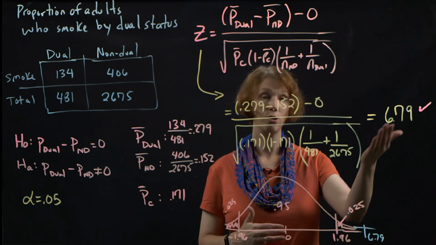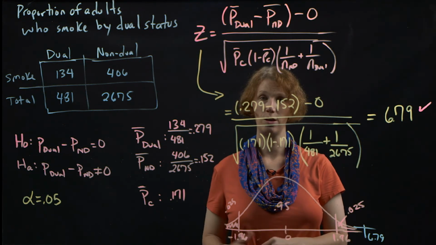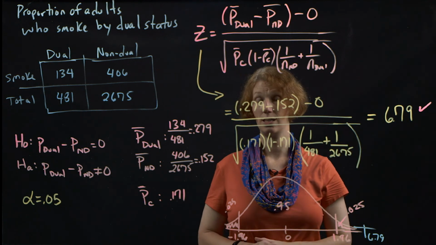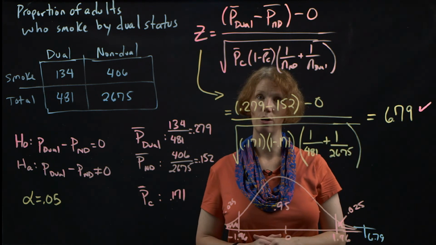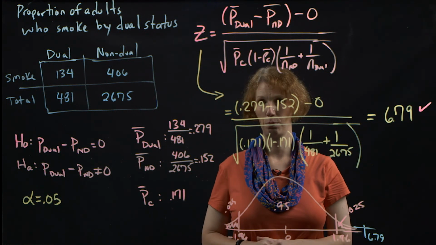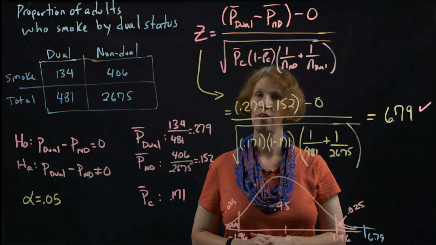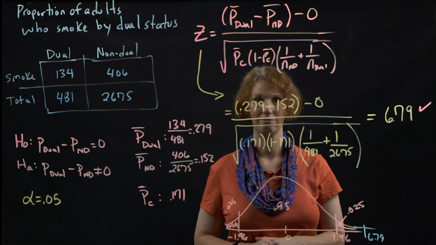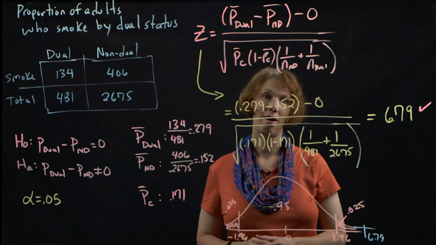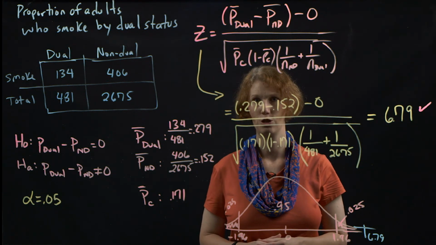In that case, we also have evidence to reject the null hypothesis in favor of the alternative because that test statistic of 6.79 is larger than 2.33. We would then conclude that the proportion of smokers among the dual population is higher than that of the non-dual population. This concludes our example of hypothesis testing for the difference of two population proportions.